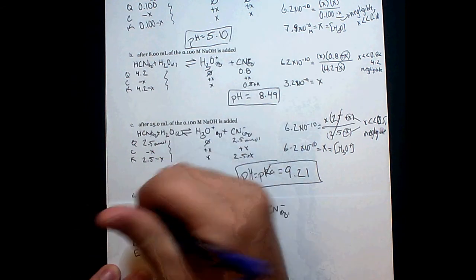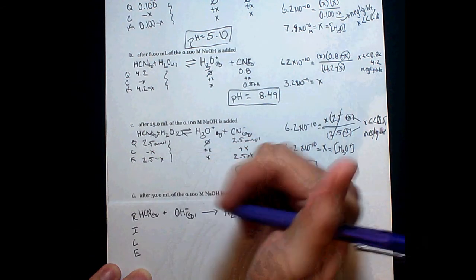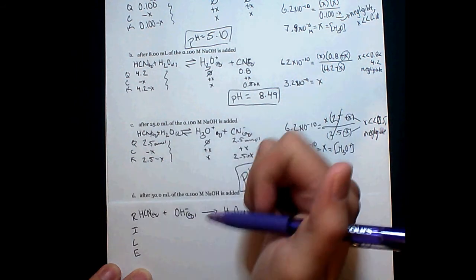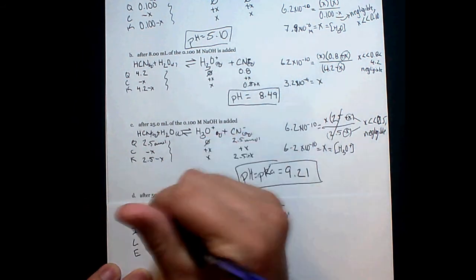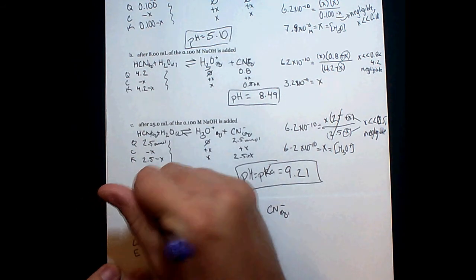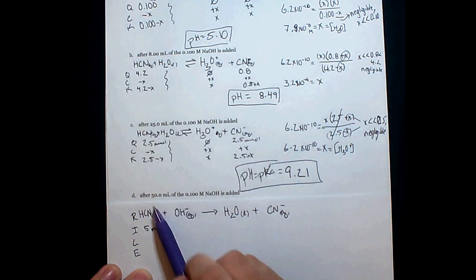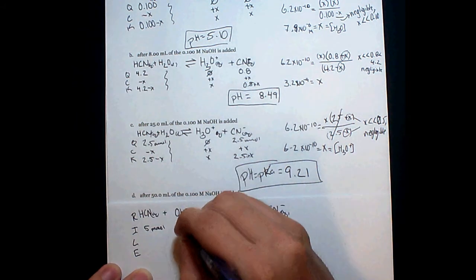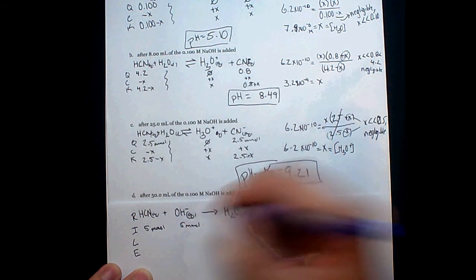We said previously in our stoic problems that we had 5 millimoles of HCN. So we have 50 milliliters times 0.1 molar, that is 5 millimoles, of the hydroxide ion.